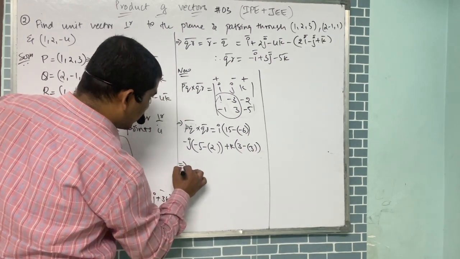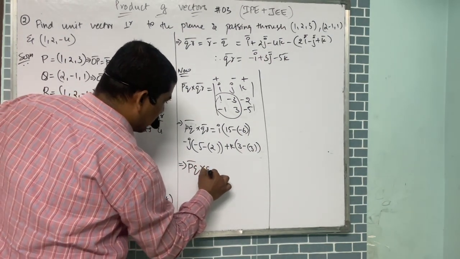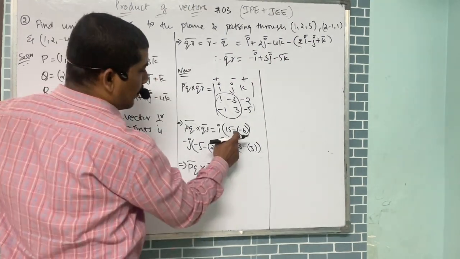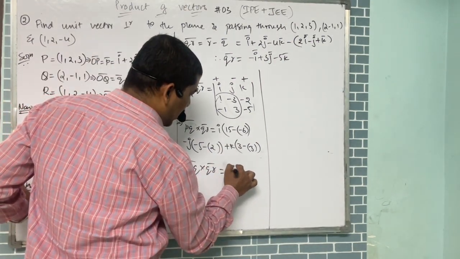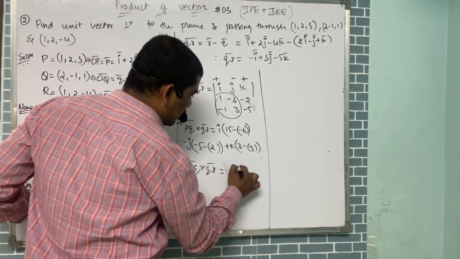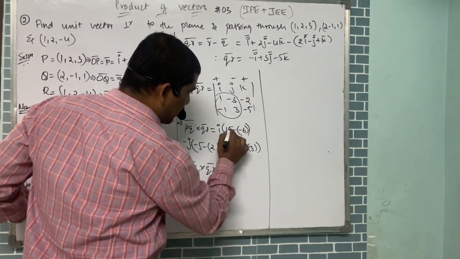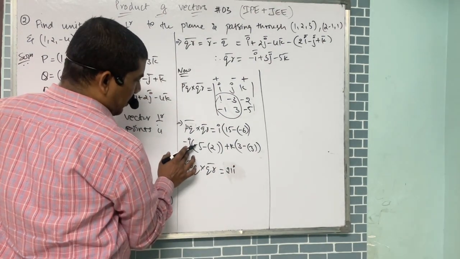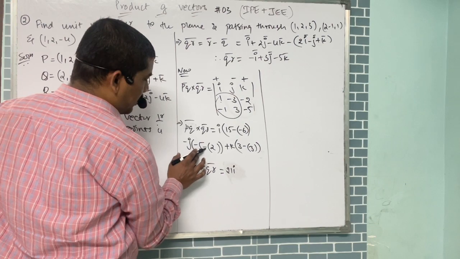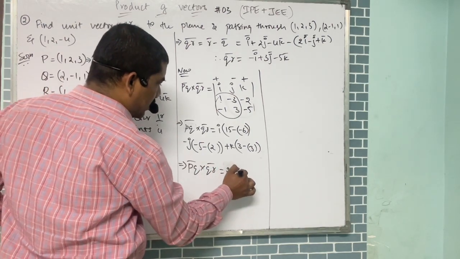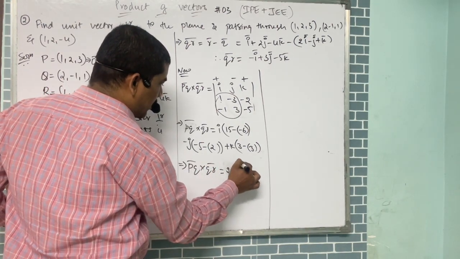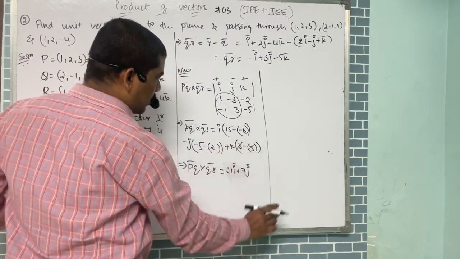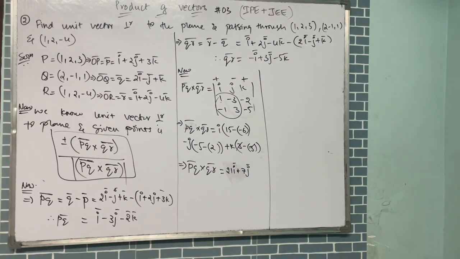If I solve this now, I will write the signs later. Minus into minus is plus, so 15 plus 6, 21, so 21i. Minus 2 minus 5 is minus 7. This minus plus, so 7j. Minus 3 minus 3 cancel, 0, so the k part is not available.